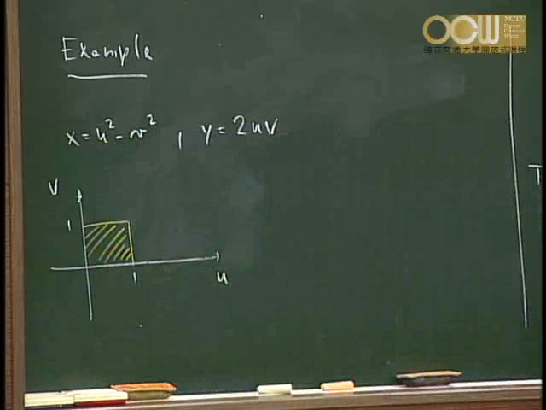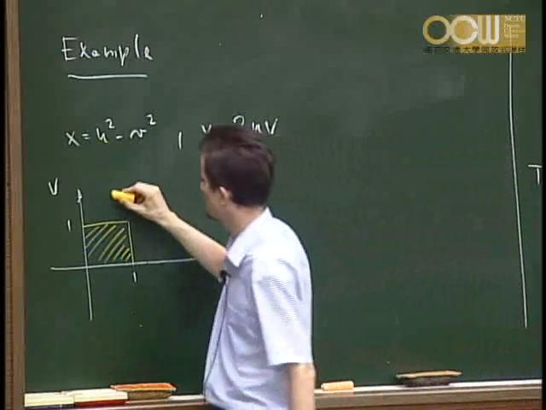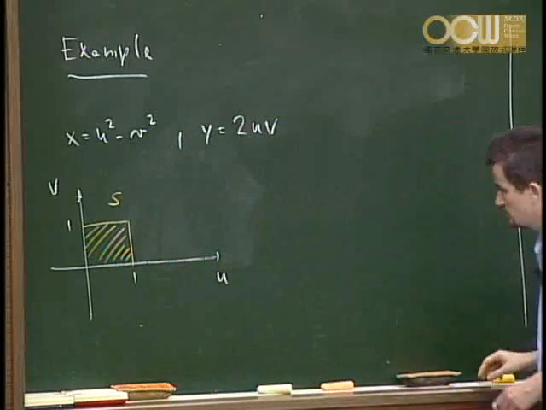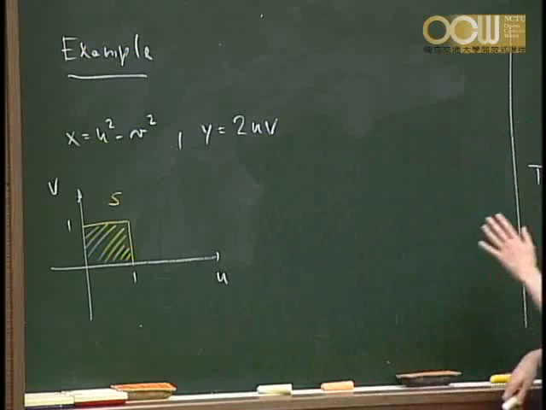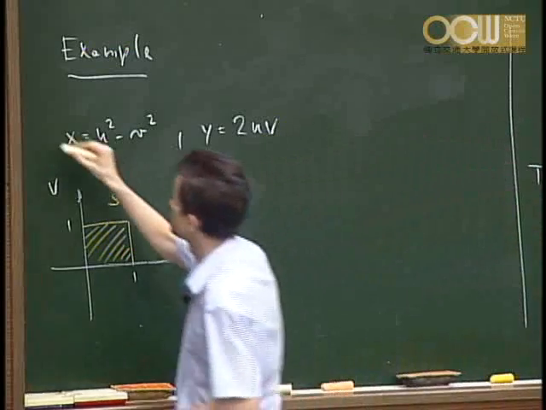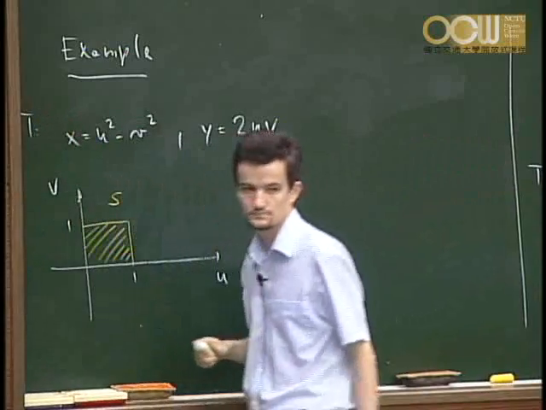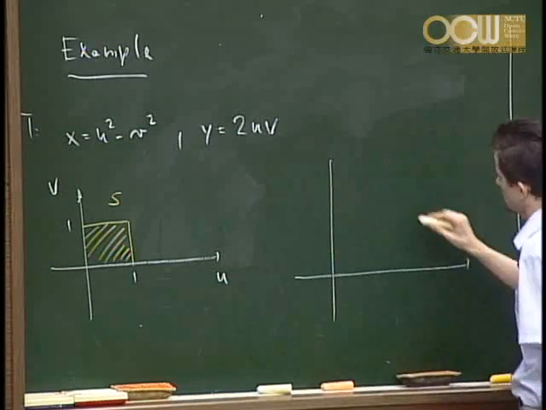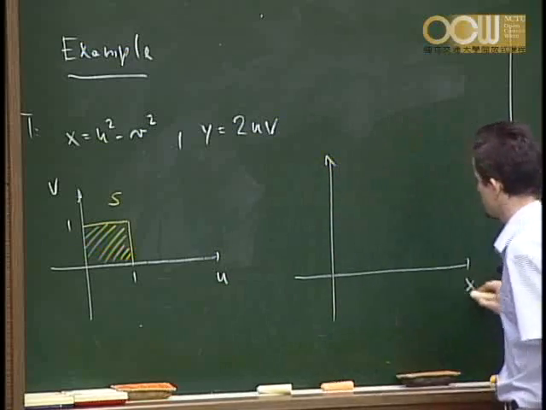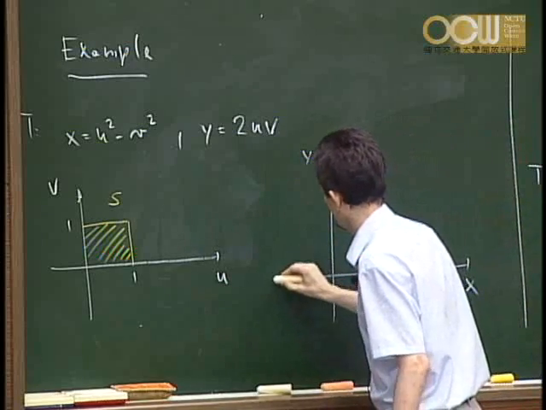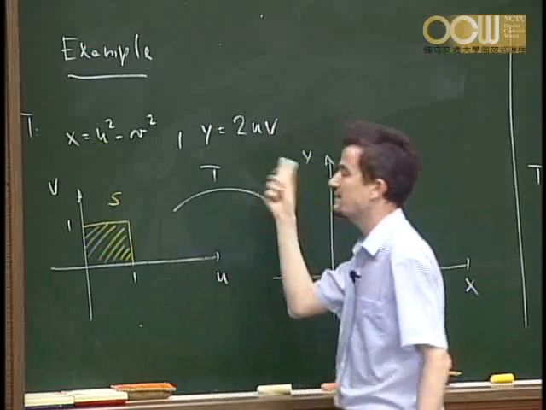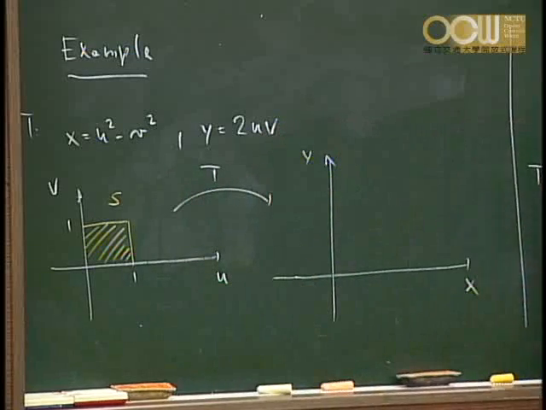So this is our S. Now what is the image of S under this transformation T? Here you have now X and Y, and here you have the map T, mapping S onto some region here.